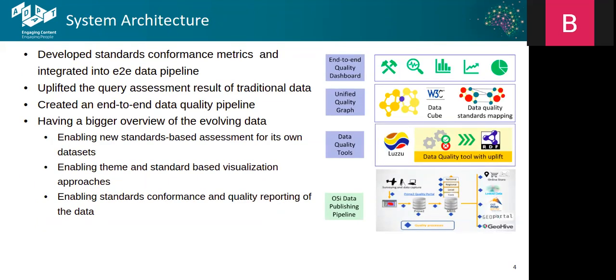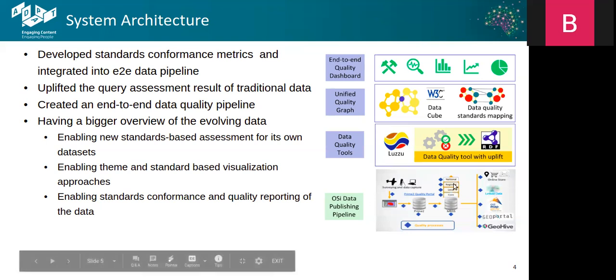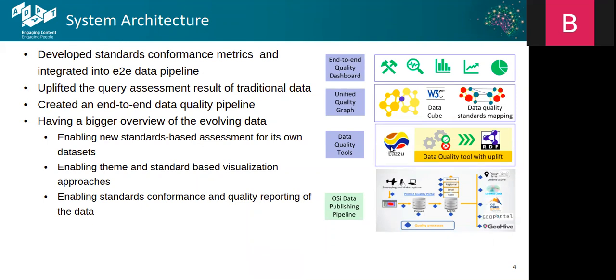This is our system architecture that we are applying. Starting from the data publishing pipeline, as we mentioned in the previous slides, we created standards-based metrics based on existing approaches, such as ISO, W3C, or OGC.